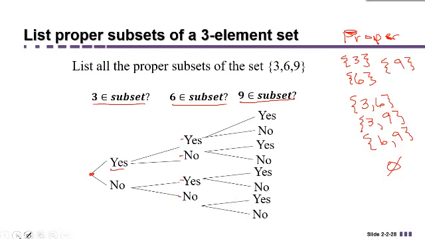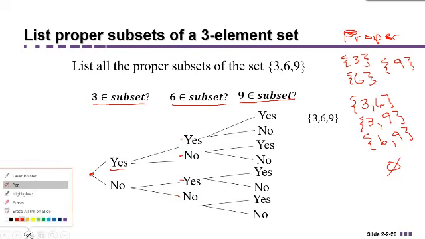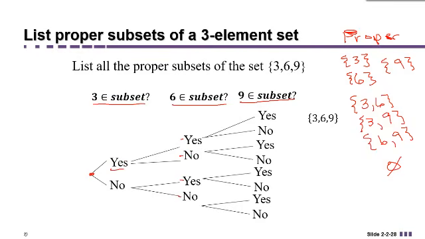Okay, the first branch represents the scenario where we're including all 3. If you don't see that, let me highlight it for you. Right, working backwards from the tip of the branch, following along, there's only one path you can take.